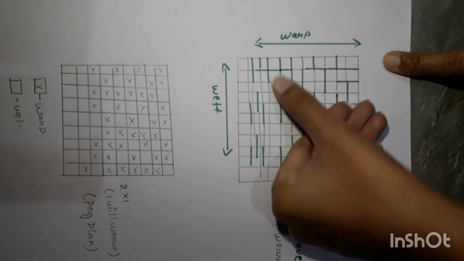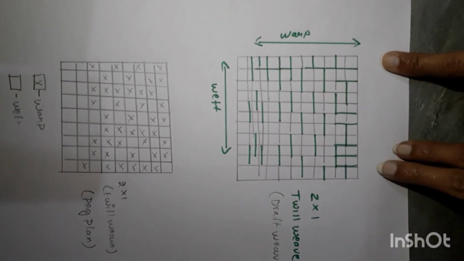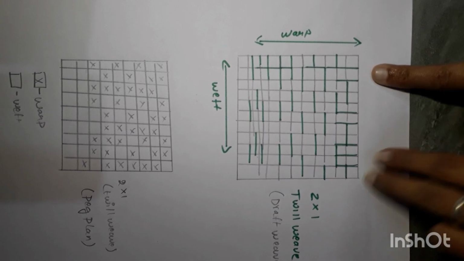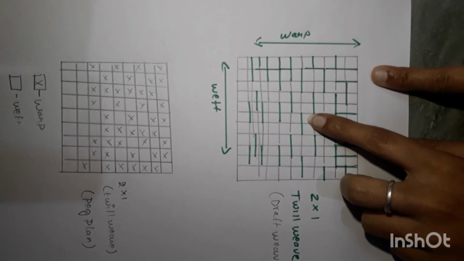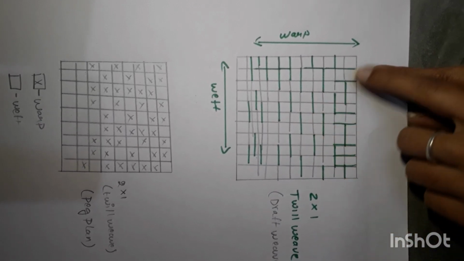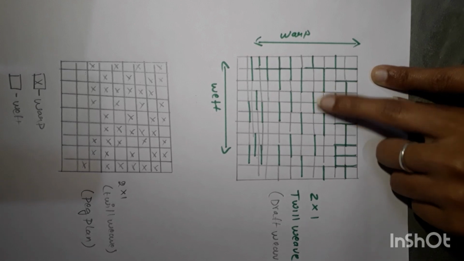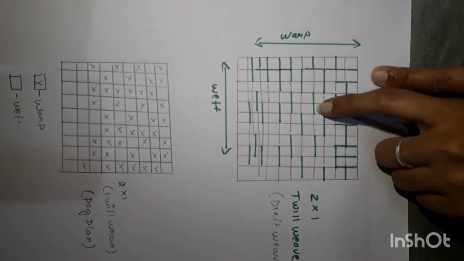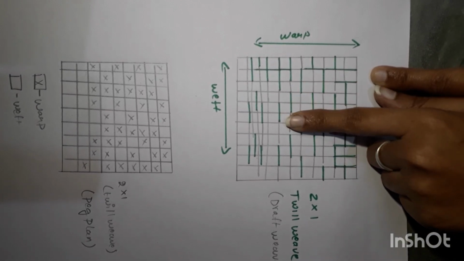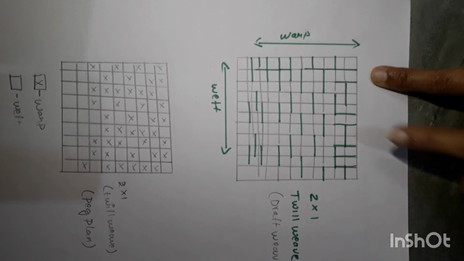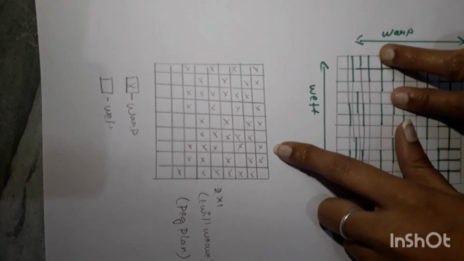This is the warp yarns and this is the weft yarns. We have marked it like this. At the top we have mentioned the warp, and at the bottom the weft yarns. Using this green color we can identify that. So this is the structure, and here we have marked the peg plan.